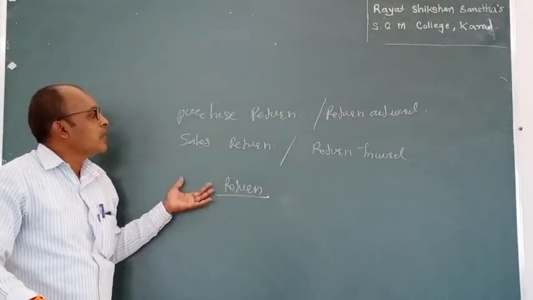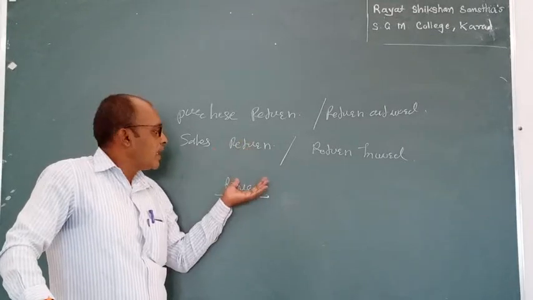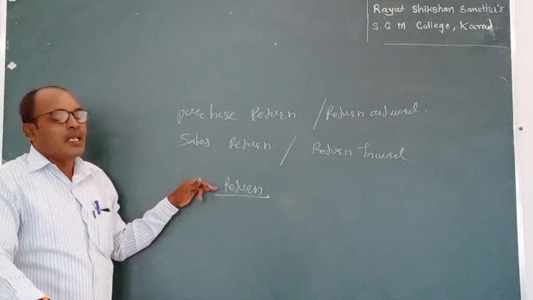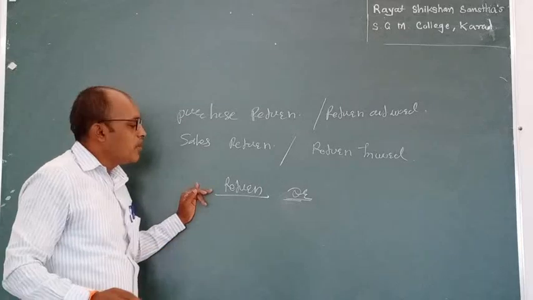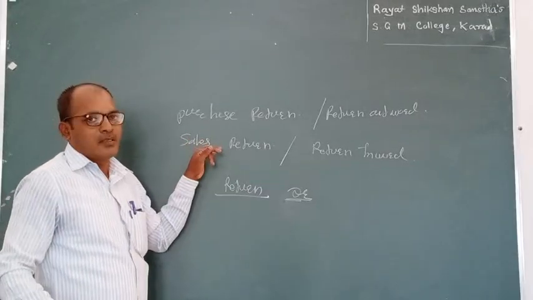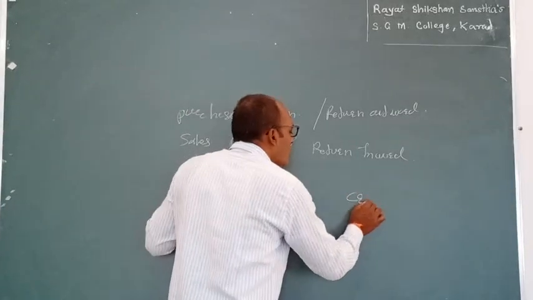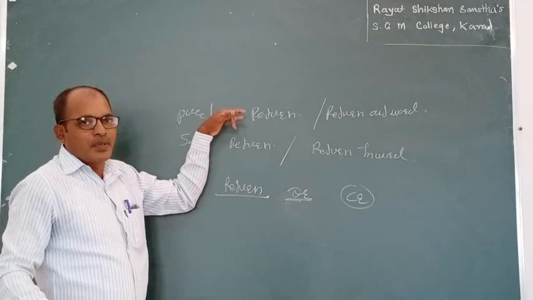So identifying which amount is purchase return and which is sales return is most important. The amount given in the debit column is a sales return, less from sales, and the amount given in the credit column is a purchase return, less from purchases.